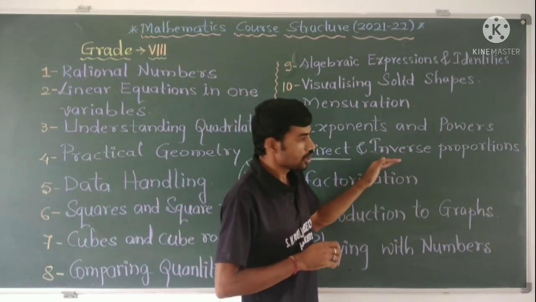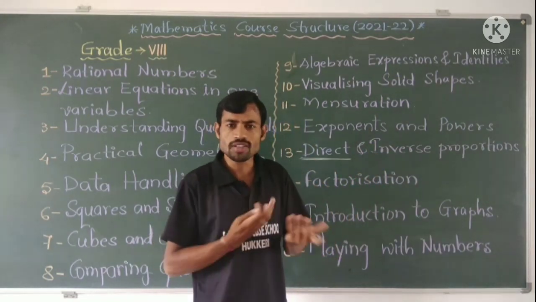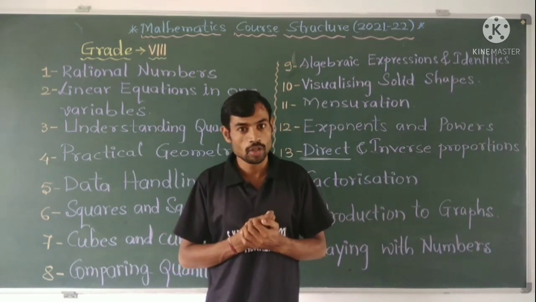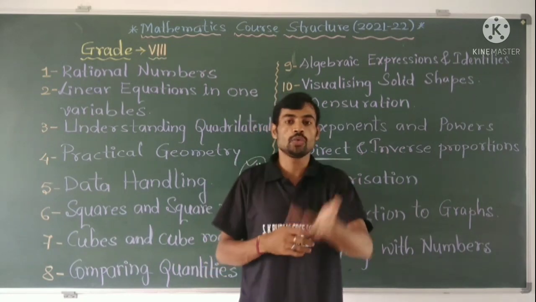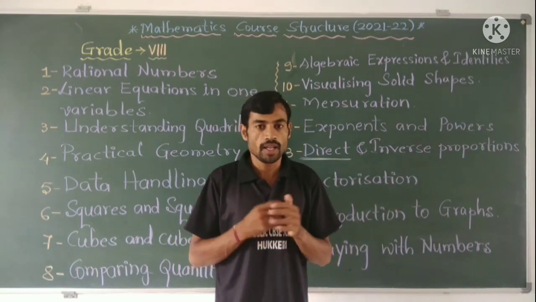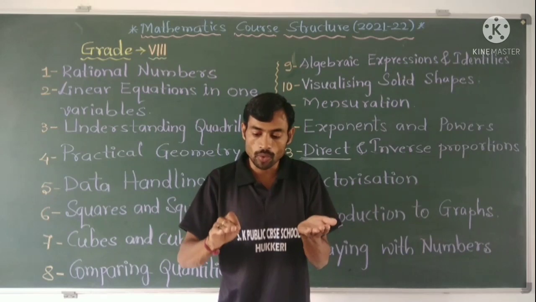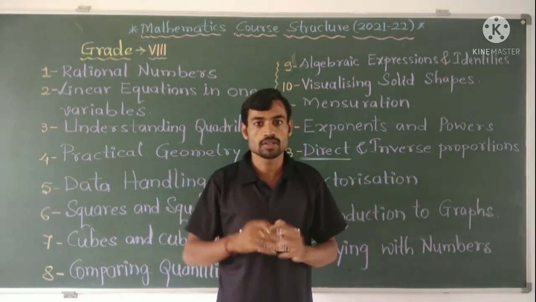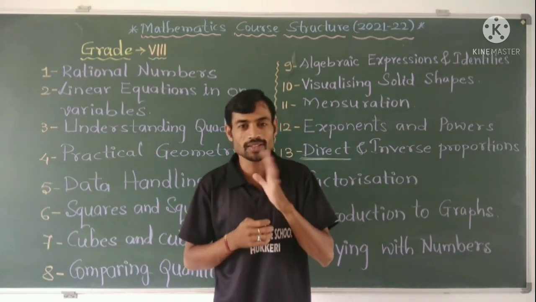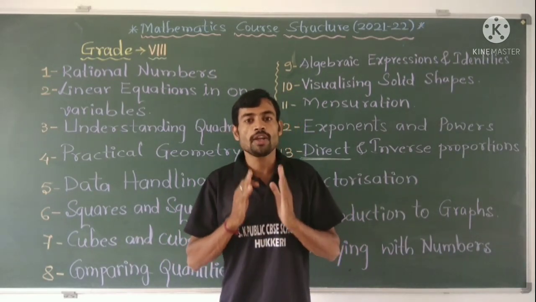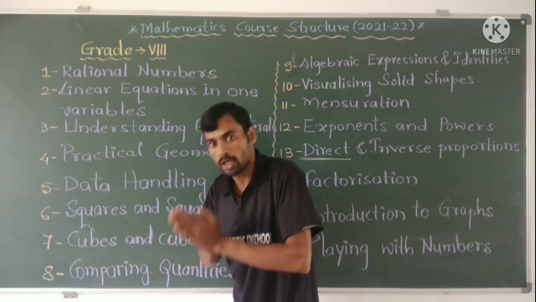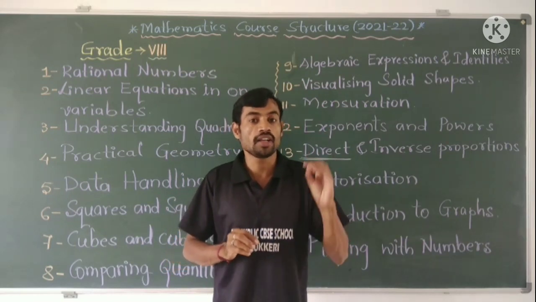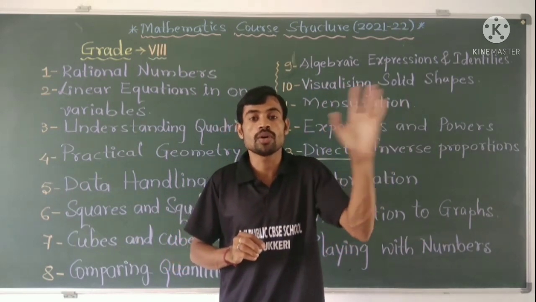And one more is there, inverse proportion. What do you mean by inverse proportion? For this also I will give one more example. Here the value of one quantity increases and the value of another quantity decreases. How is this possible? Suppose I go from Belgaum to Bangalore at 60 km per hour, I can take 5 to 6 hours.